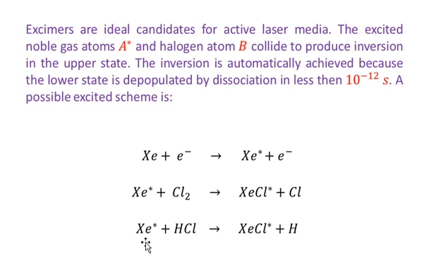The third one is xenon in the excited state plus HCl, hydrochloric acid. It will produce xenon chloride in the excited state and a hydrogen atom in the atomic state. So you see that these could be the possibilities when there is an interaction between the excited noble gas atom A star and the halogen atom B.